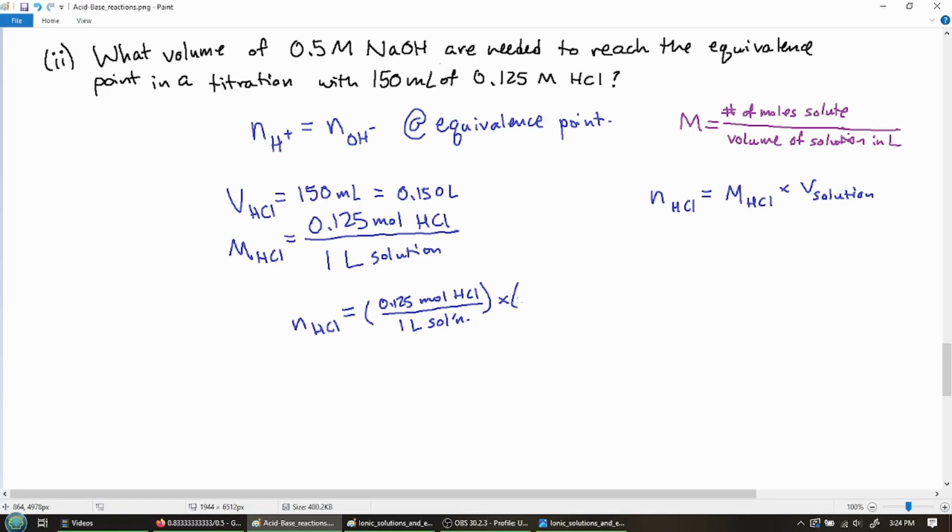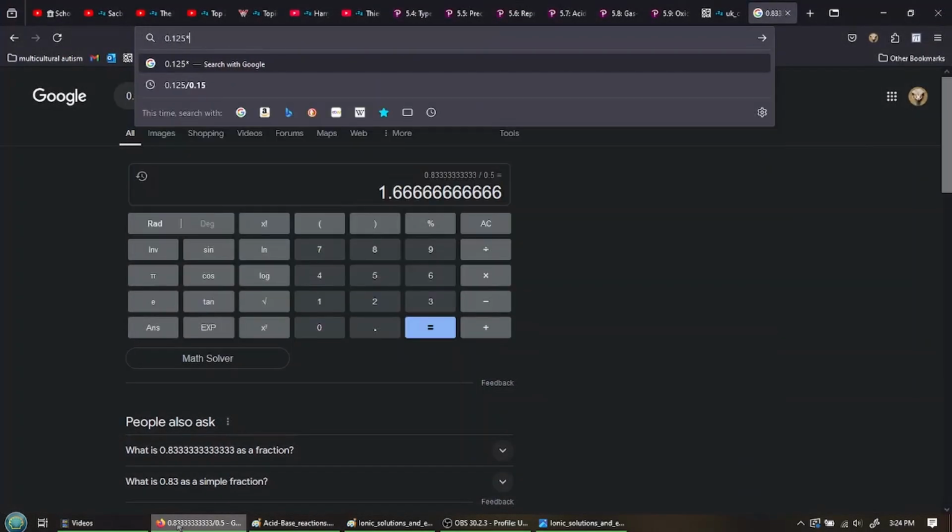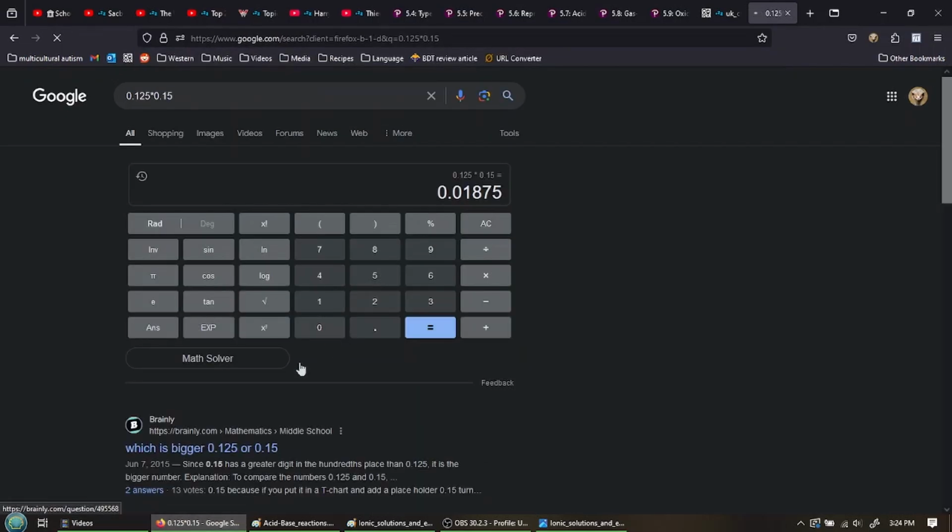But we know the volume of solution, right? We know that there are present 0.150 liters of solution. So what I end up getting here, let's go ahead and see what that is. It's going to be 0.125 times 0.15, and I get this value, 0.01875.